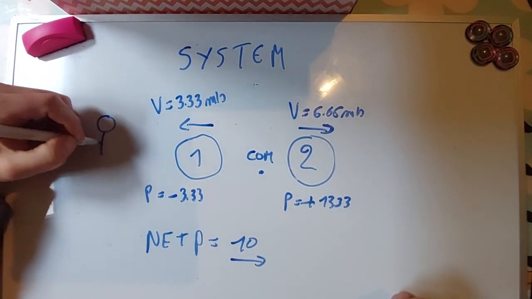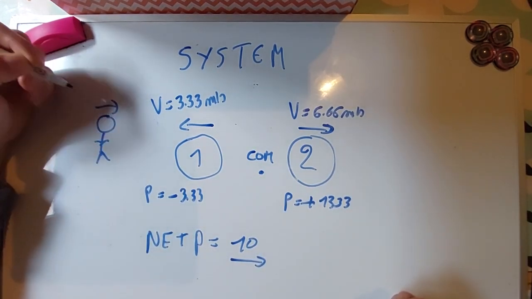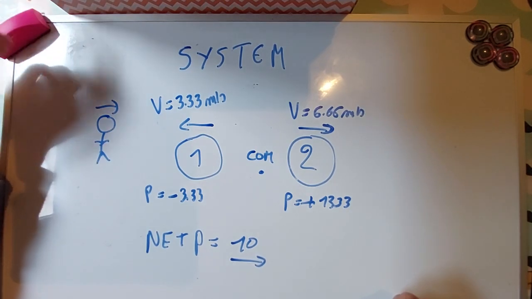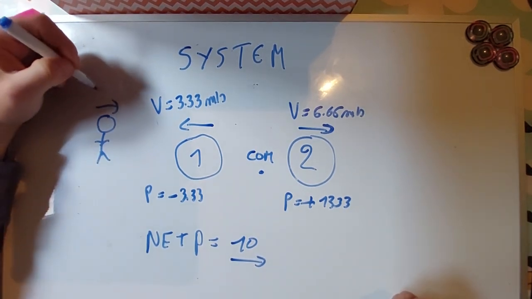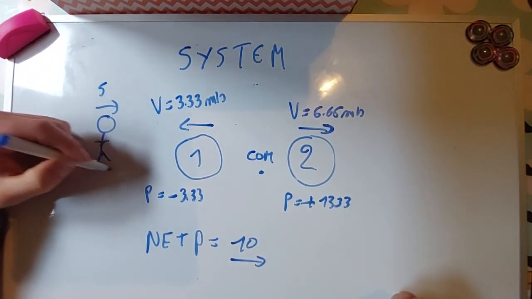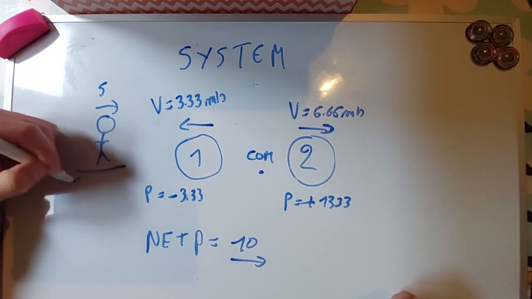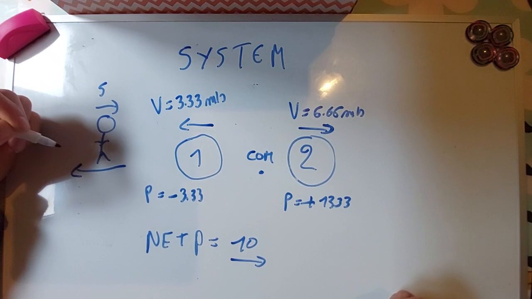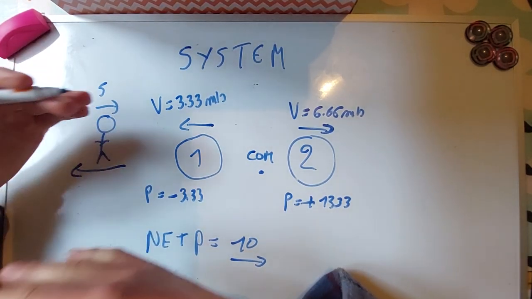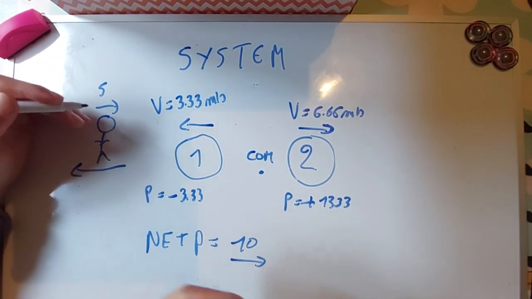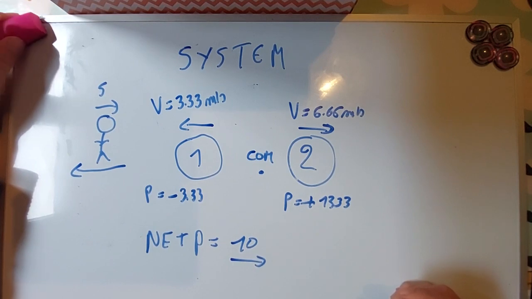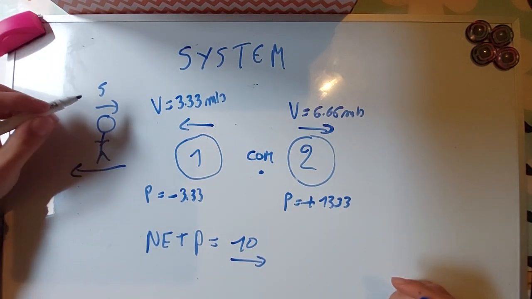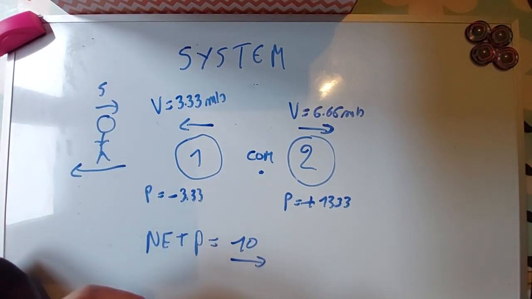Again, the same with the person. His velocity is not cancelled out. He's still moving to the east with a velocity of 5 meters per second, and the treadmill is still moving at 5 meters per second to the left. So their individual velocities are still happening. They do not cease to exist, but the net velocity is 0.